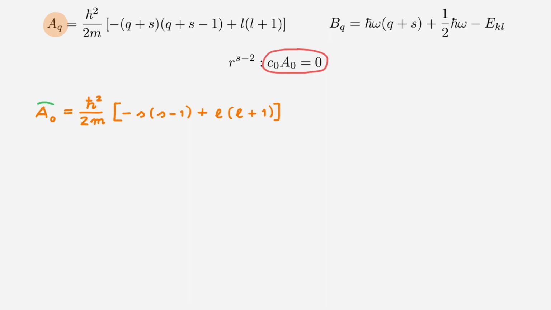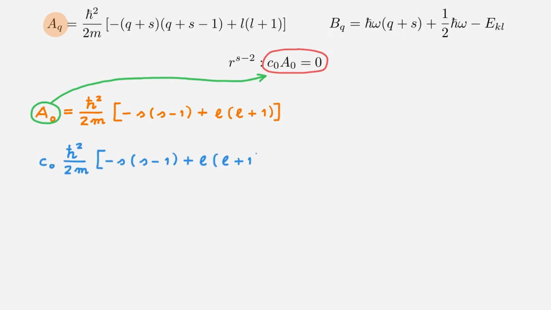We can now insert this expression for A_0 into the equation up here and end up with c0 multiplying the expression we just got for A_0, all equal to 0. And remember that by definition, c0 is the first non-zero coefficient, which means that this bracket must vanish to obey this equation.